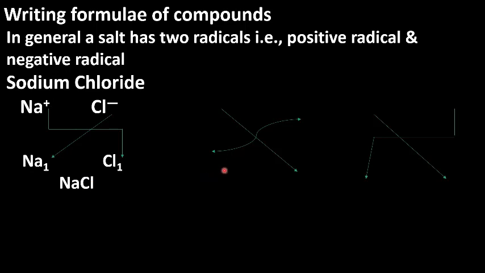Now let us see another example, silver nitrate. What is the radical for silver? Ag plus. Nitrate, NO3 minus. See here, the silver radical is monoatomic, and the nitrate ion is a polyatomic anion. And here also observe that the magnitudes of charges are the same, plus 1 unit, minus 1 unit. In such a case, what do we have to do? Simply we write the charges as subscripts to the radicals.